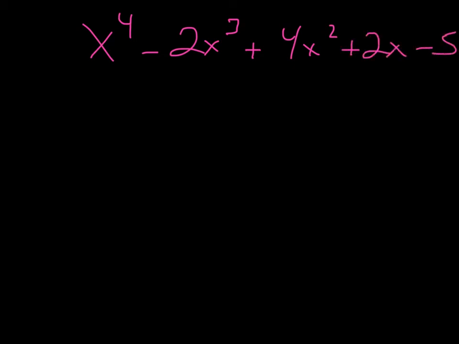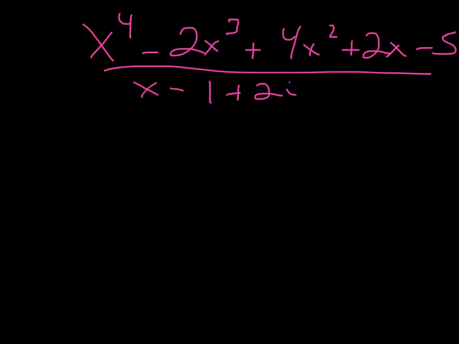So if we have imaginary numbers, let's take the problem x to the 4th minus 2x cubed plus 4x squared plus 2x minus 5, and let's divide that all by... I'm sorry. It would be x minus 1 plus 2i.